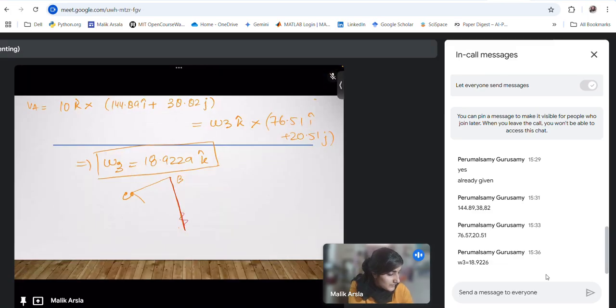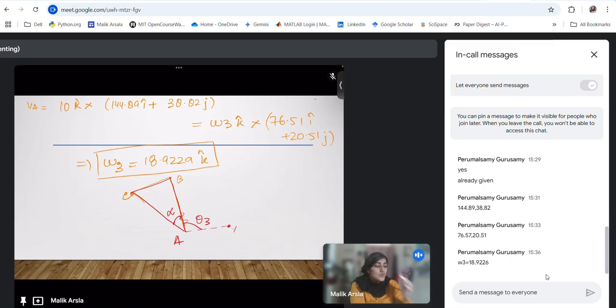So let me draw it here. This is A, this is alpha which is given to us, and this here will be basically theta 3, right? Now if we find out this theta 3 here, we can basically find out this whole angle CA, let me call it x, CAX.